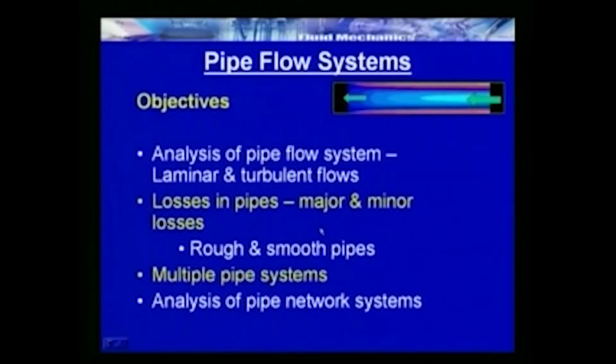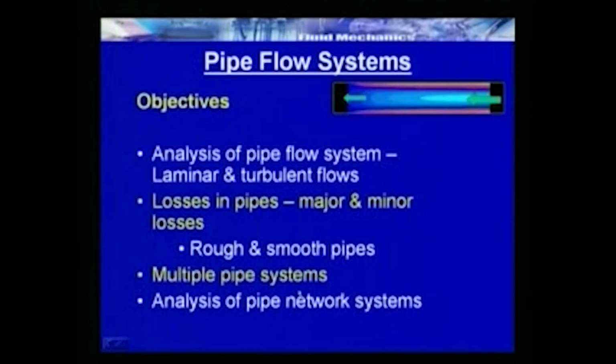As far as pipe losses are concerned, we will discuss rough pipes and smooth pipes in detail, and then the multiple pipe systems: pipes in parallel, pipes in series, and branch pipe systems. Finally, we will discuss the analysis of pipe network systems.